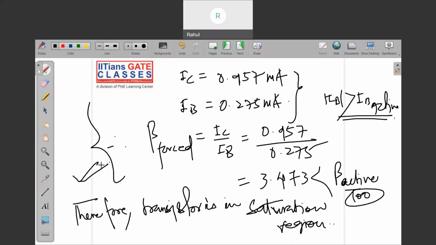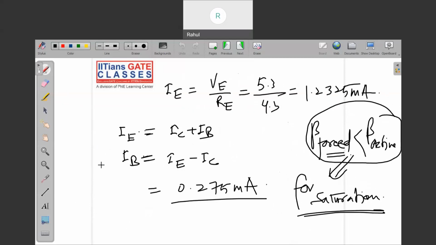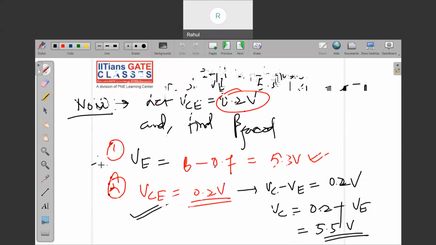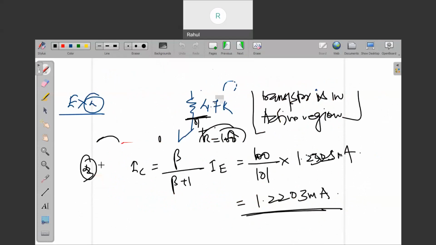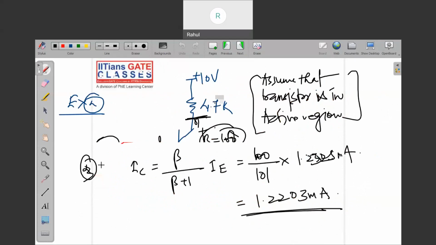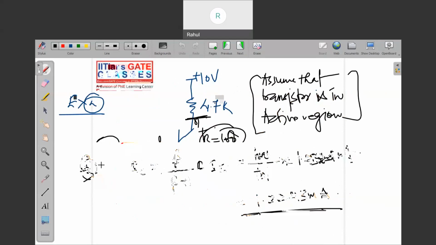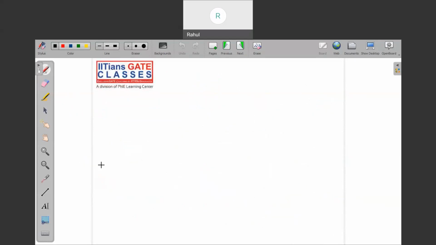So whenever you find a question from this in the examination, don't solve blindly. Make an assumption, prove it, and you can solve any question very easily.